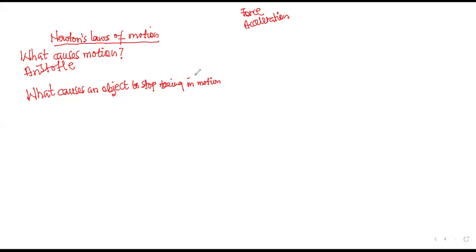Because Aristotle is saying that a force is needed to cause an object to move, and for the object to continue to be in motion, the applied force must be applied continuously on the body, meaning that when the applied force is removed, the body comes to a stop.